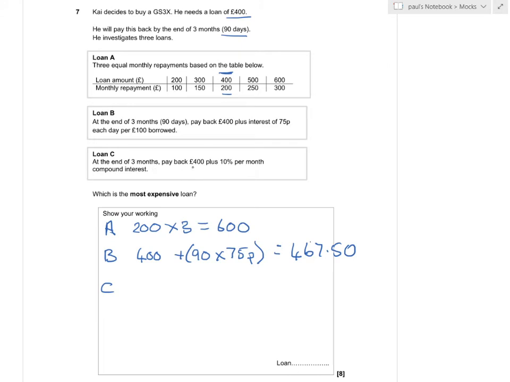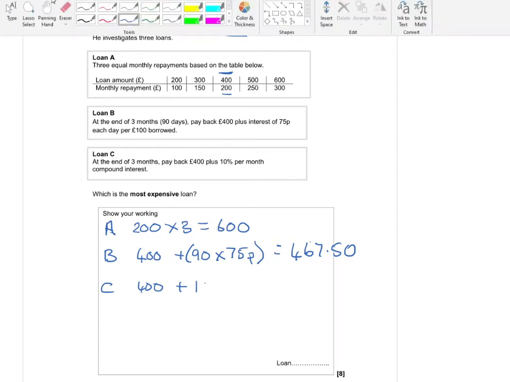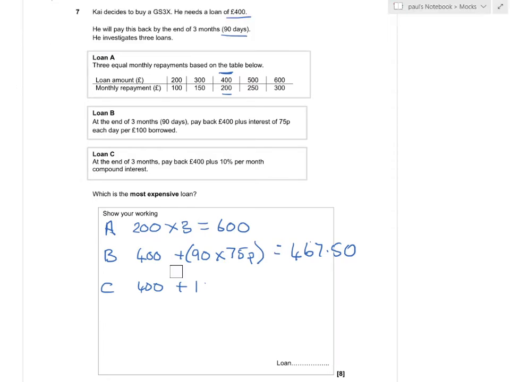C, at the end of 3 months, pay back £400 plus 10% compound 10% per month. Oh, right, okay, so I'll change that. That B might be wrong. I'll come and have a look at that in a minute. So 400 times 1.1, 3 times.